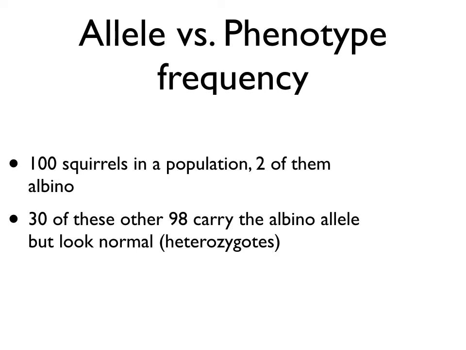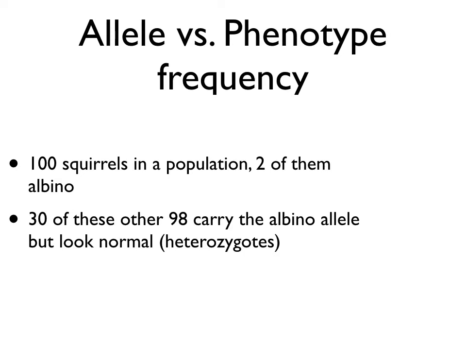I've only given you one frequency. If we go back to the previous slide, there are 5 different things I've shown you there: 2 phenotypes, 3 genotypes. What did I give you here? I've given you the frequency of the albino phenotype in the population. And since there is only one genotype that can produce that phenotype, I've also given you the frequency of that genotype, the homozygous recessive genotype.